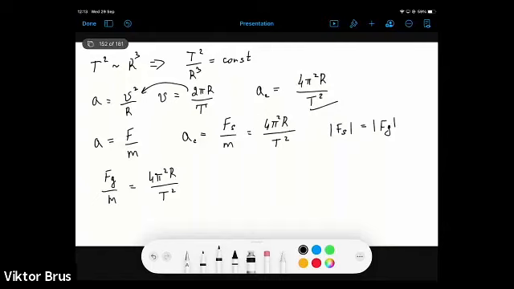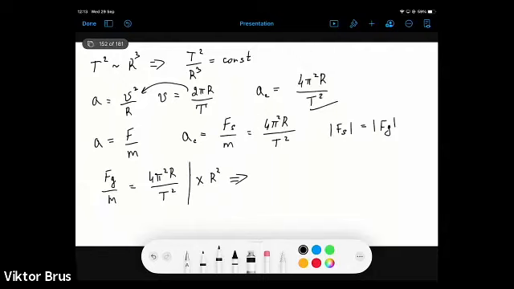And next, what is kind of convenient to do in order to have the right combination of parameters in the left and right side, let us multiply left and right side by r squared.